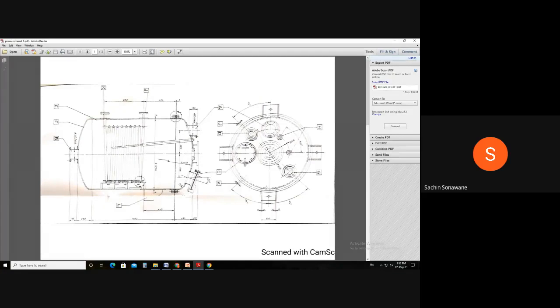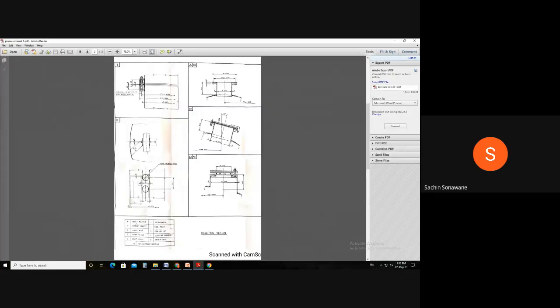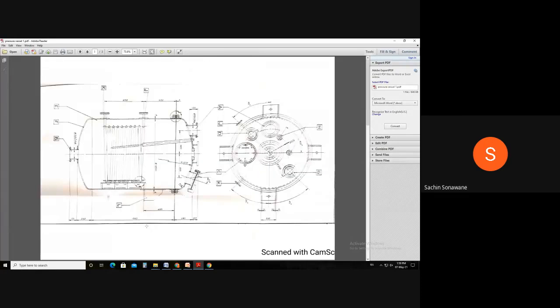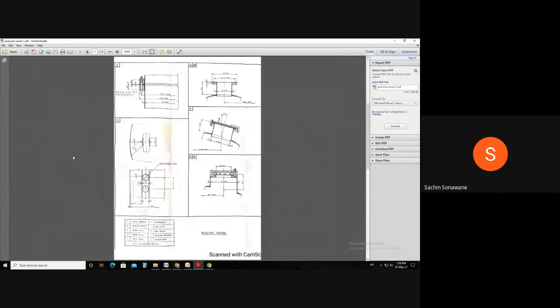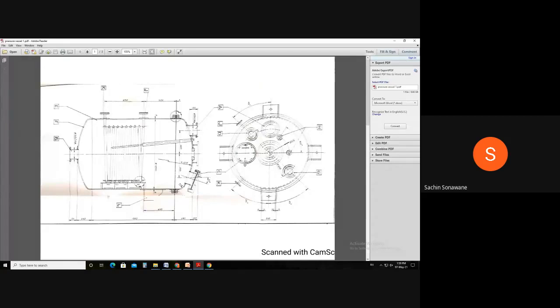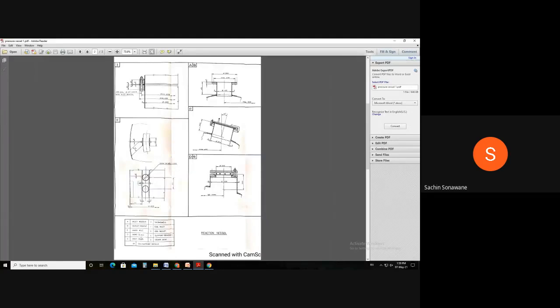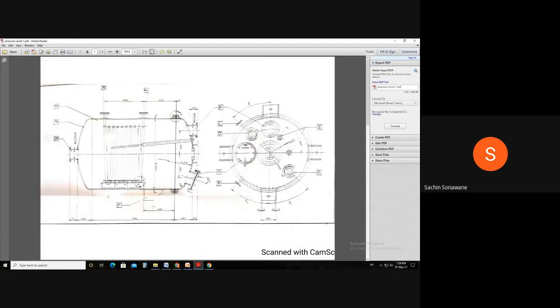Then details are there. A means inlet nozzle, B means outlet nozzle. C means hand hole. Where is C? This is the C. D means side glass. This is the side glass.